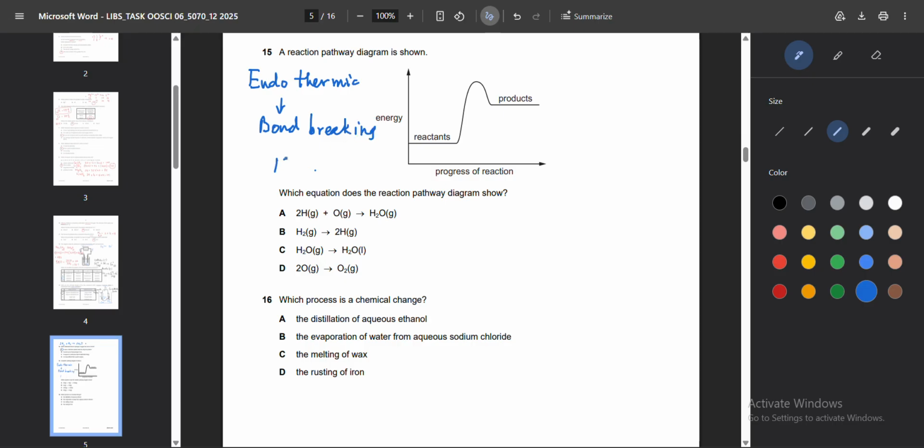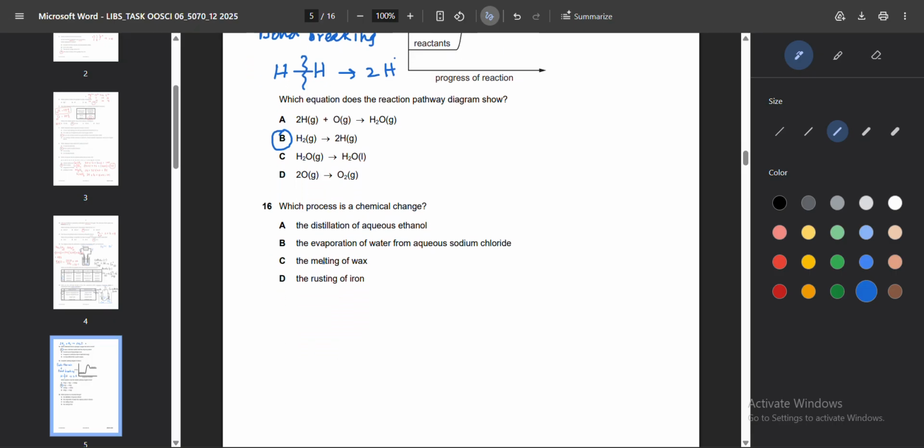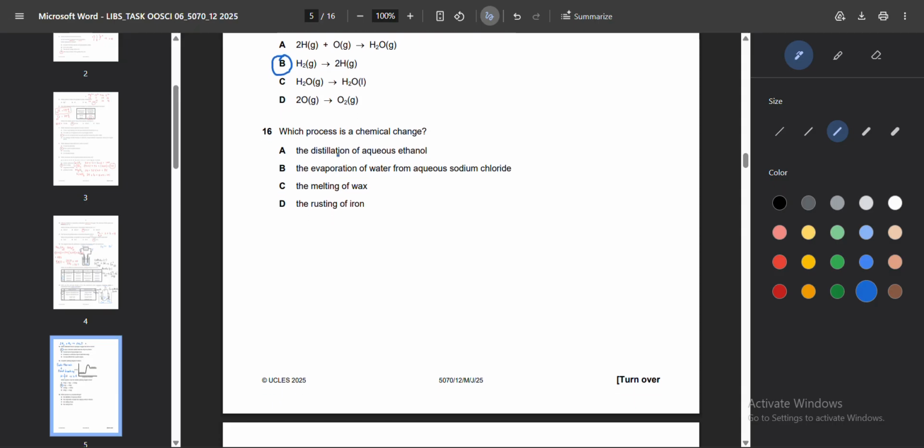If there is a bond between two atoms, this bond breaks and these two atoms split up. Okay, so which option is the correct one? This one. It's a hydrogen gas, and the bond between these hydrogen atoms is breaking, and the atoms have got separated from each other.